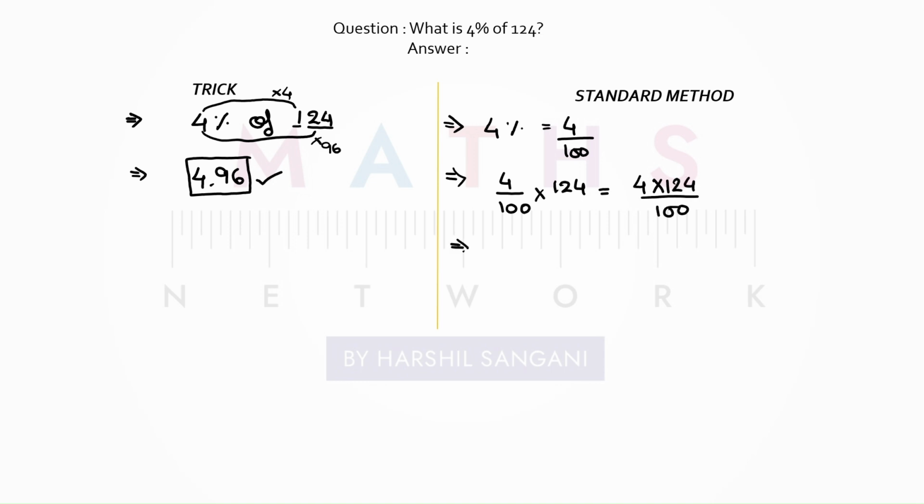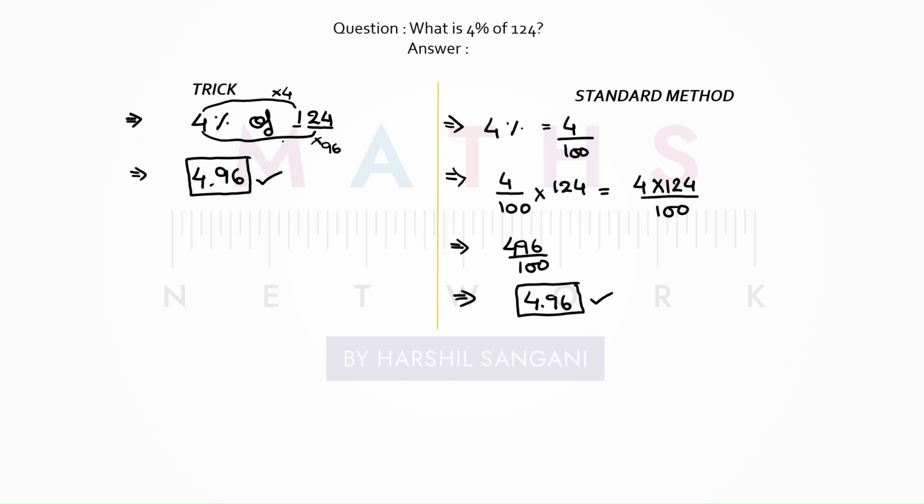Guys, when we solve the numerator, we will have 496 upon 100, which eventually gives us 4.96. Guys, both methods are short, but the trick method is actually very easy and less time taking. So we can use it in many exams of maths which are hard, like Olympiad.